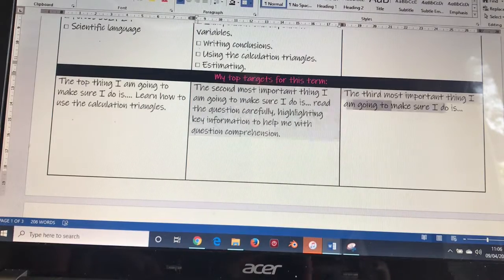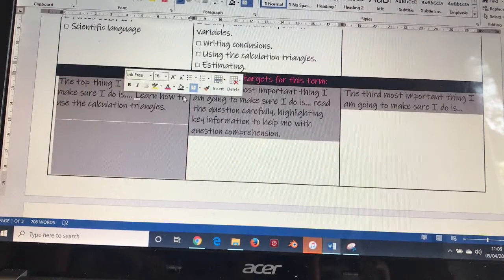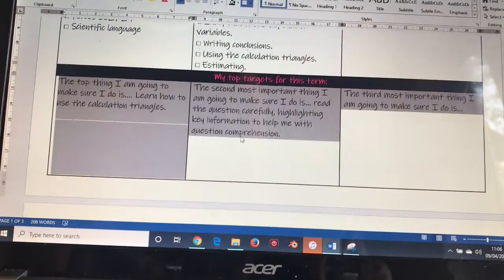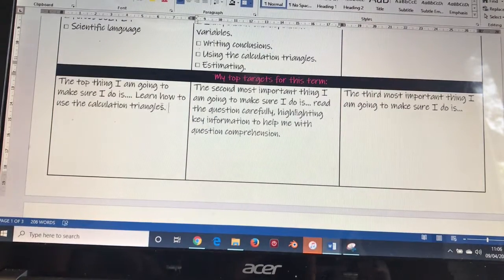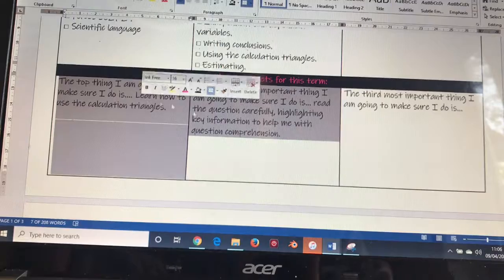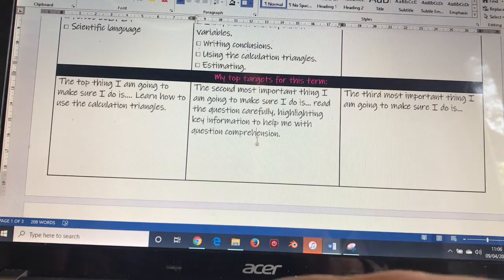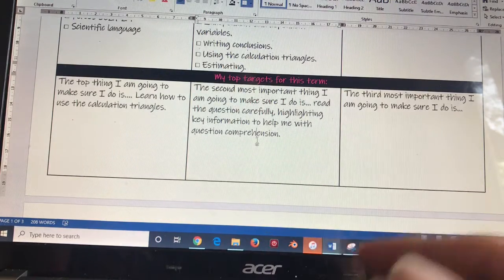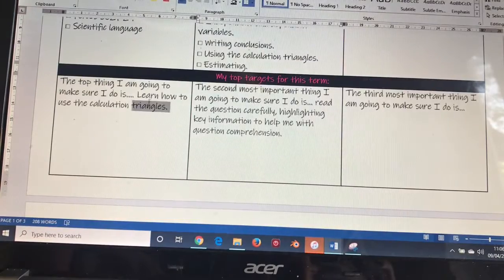Now, the only point of writing targets is if we actually then use them. So what's really important is that you check back in with these targets every week. So I'd say at the beginning of each week of this term, read through these targets again and see if you can use them in what we're doing. Now, if it's really specific to physics, so for example, this one here, this is very specific to physics.